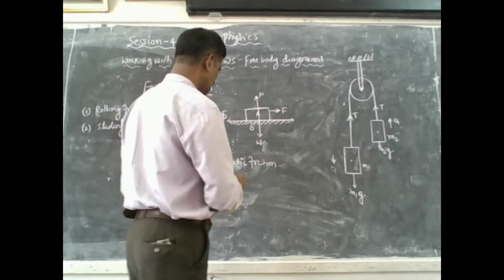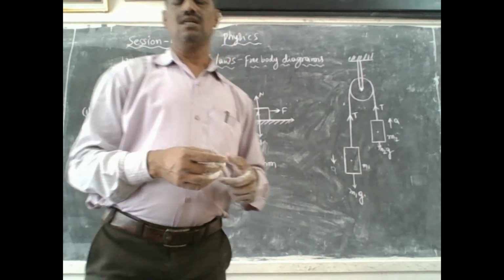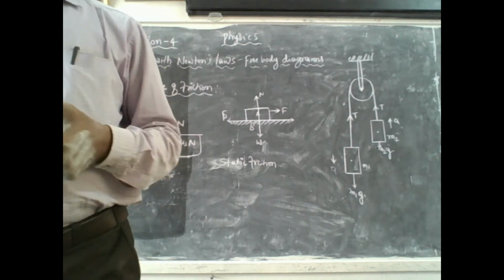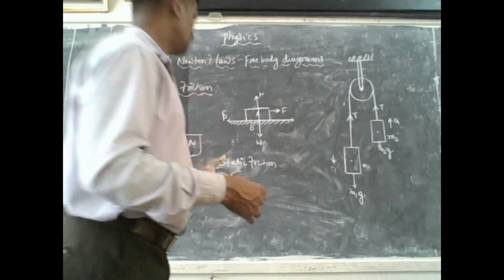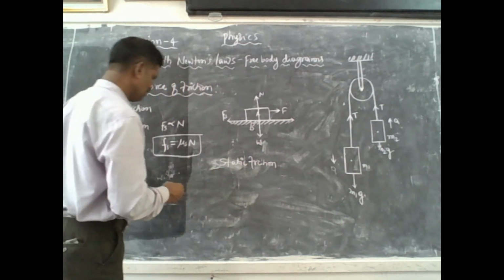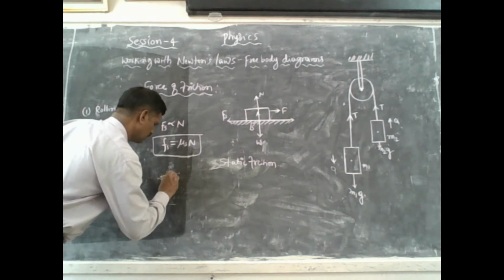Here, rolling friction or static friction, that means limiting friction is nothing but the maximum value of the static friction that comes into play.